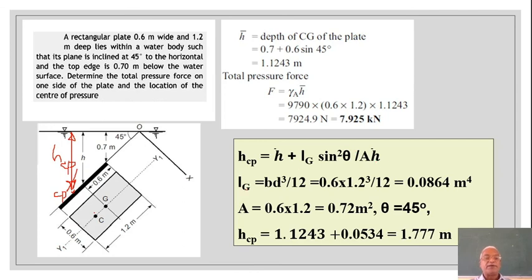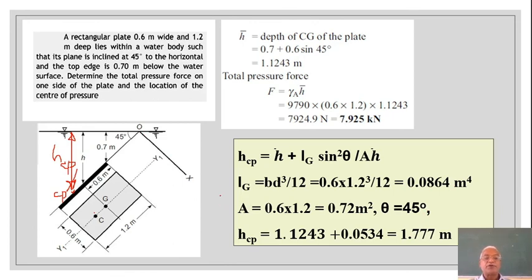Now Ig is given by B D cube by 12, because it's B into T cube by 12, this way, right, the depth. It will be 0.0864. The area is 0.6 into 1.2. The angle theta in this case is 45 degrees.